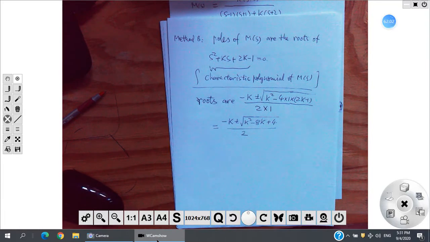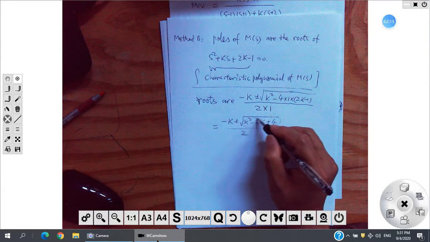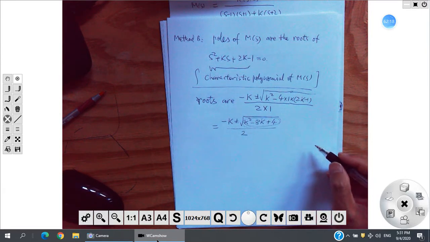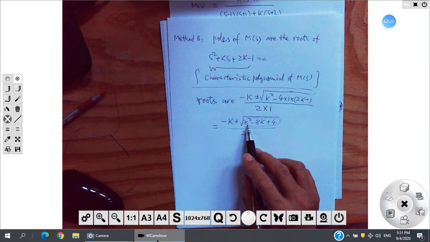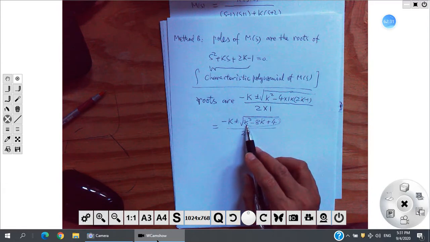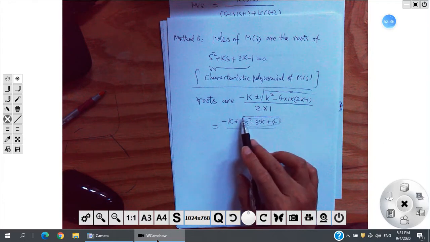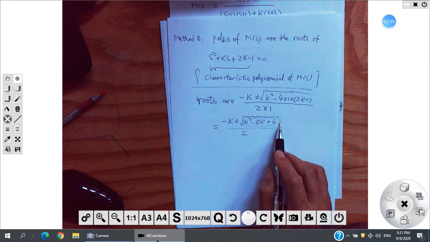Can we know whether it is stable or not? You need to check the value under the root, k squared minus 8k plus 4, which depends on k. If k is large enough, this is a real number. If k is smaller, this might be a negative number, then the square root will give you a j.